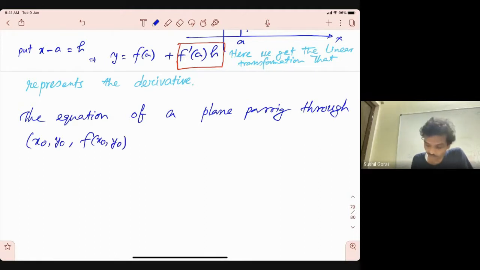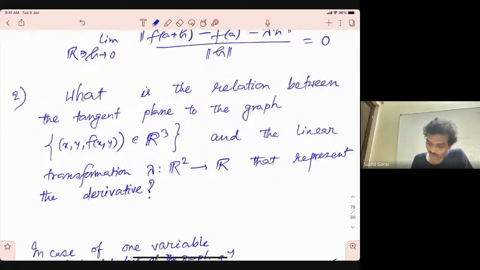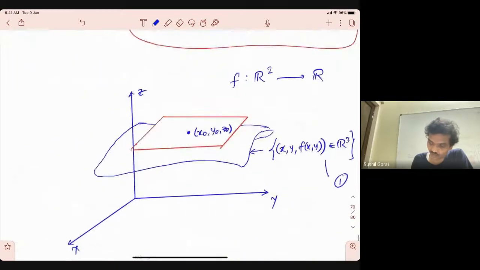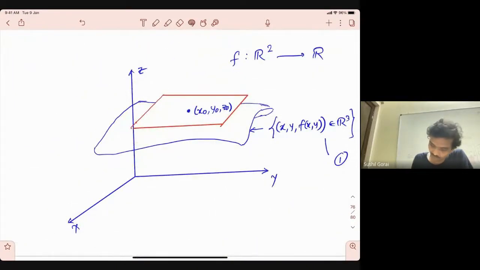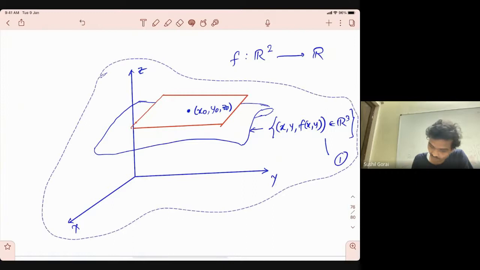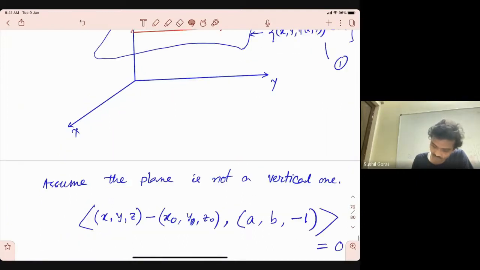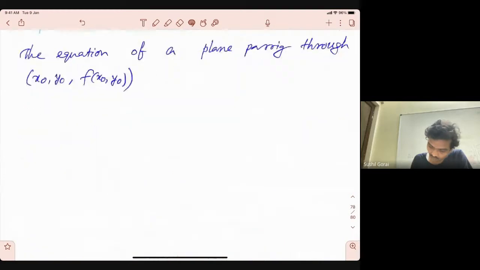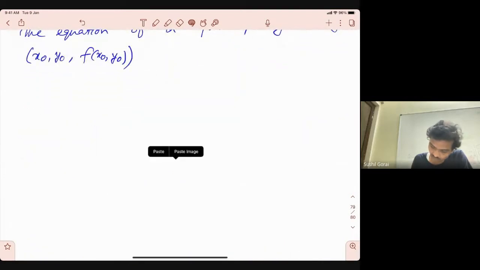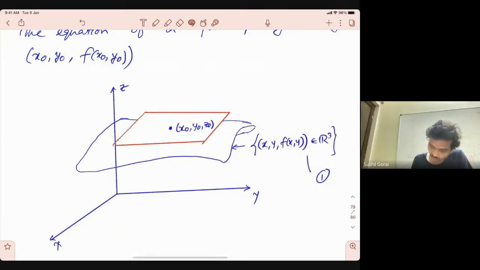So this is the point which we are considering here. So let me copy this part. So this is the point. So z naught here is, sorry, z naught here is f of x naught, y naught, right? Is this fine?